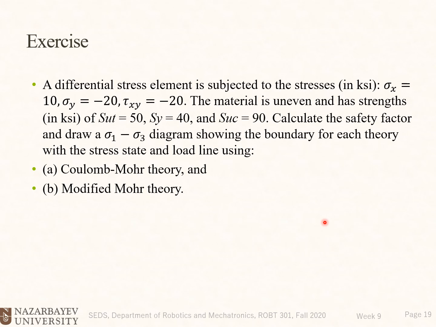Once you calculated these numbers, now you could draw the sigma 1 and sigma 3 diagram and then plot the polygon for both the Coulomb-Mohr theory and the modified Mohr theory. Then you will find your applied point sigma 1, sigma 3, load line, intersection, and you could use both the graphical method or the effective stress method and compare the results of these two methods together to see if you have the same numbers.